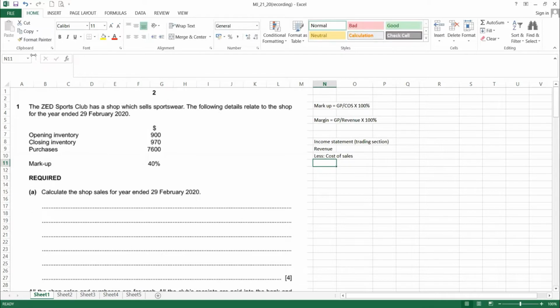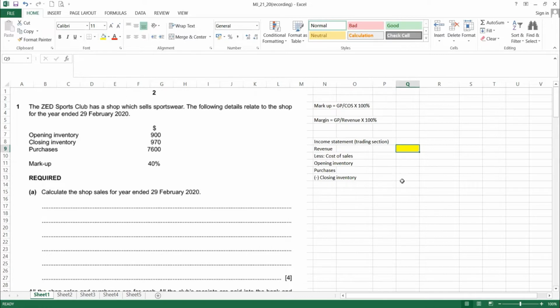In this question, they only give us the cost of sales actually. We have opening inventory and then purchases and then minus closing inventory. Okay, I put in the amounts. This one we don't know, which we need to find.